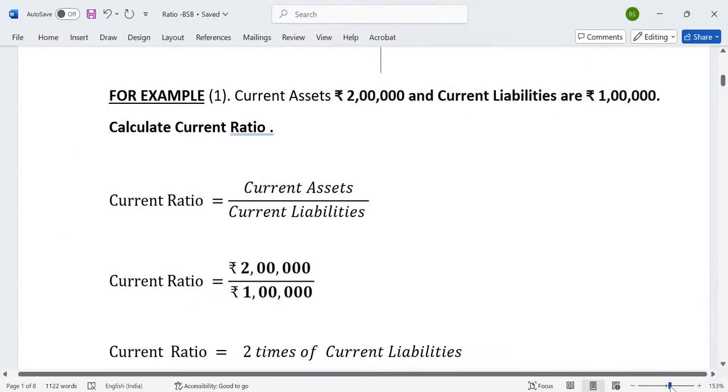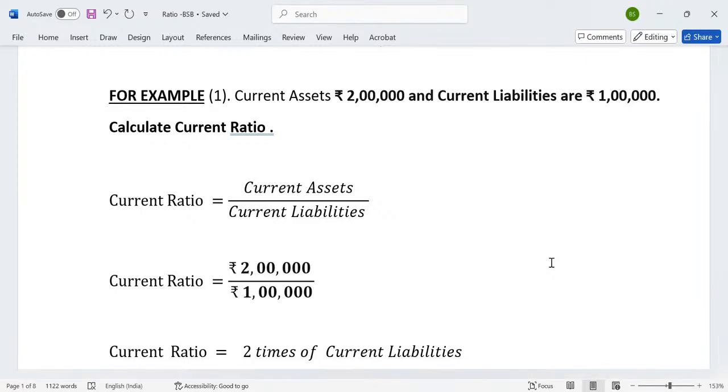For example, current assets are rupees 2 lakh and current liabilities are rupees 1 lakh. Calculate current ratio. Current ratio is equal to, what is the formula? Current assets divided by current liabilities. I am just giving an example. Later on, in the practical part, we will solve the questions.